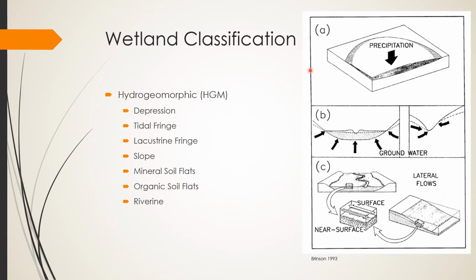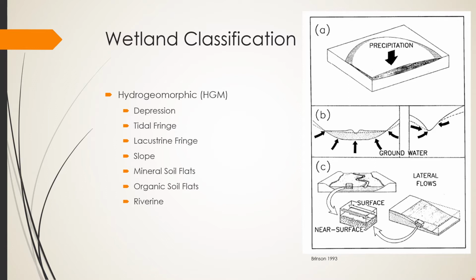So in this image, we see different examples of water sources. So whether it be from precipitation, from flow from groundwater, or from some sort of nearby surface water that it flows over into.